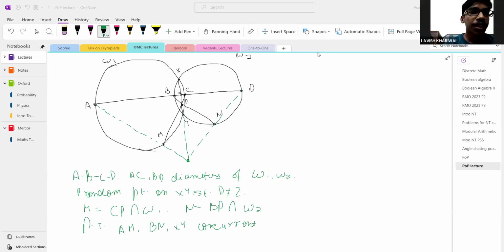If we can show that the point K, the intersection of AM and XY, and D are collinear, then I guess we'll be done.